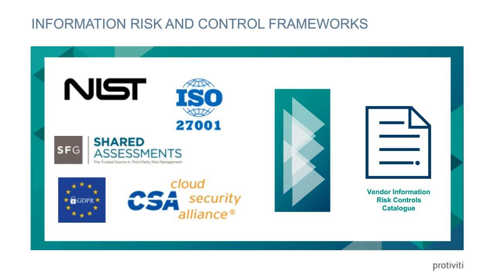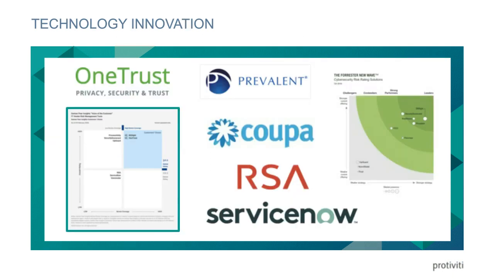Okay, so we do a lot of work across technologies and across vendors, and outlined on the slide, which is coming up onto your screen, are both the Gartner Magic Quadrant and Forrester New Wave surveys. There are a number of tools in the market.